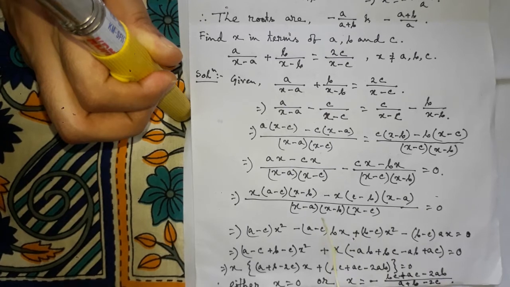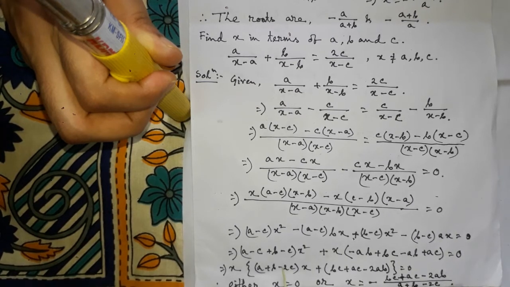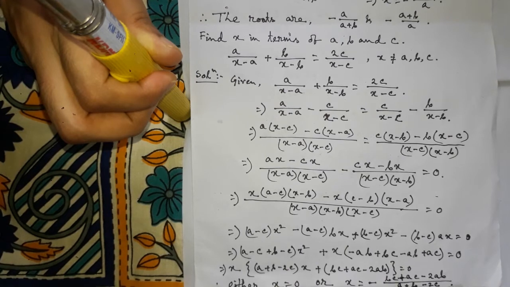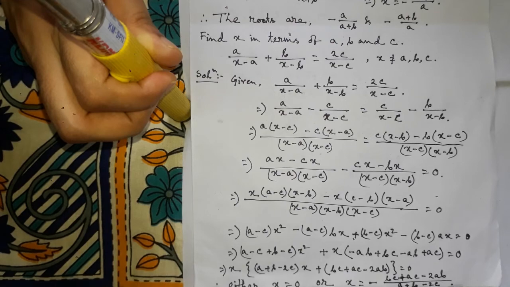Then multiply this denominator to the right hand side, that is with 0 into something, that is equal to 0. Then by factorization, you will get this expression. That means either x is equal to 0, or from the terms inside the bracket, that is x is equal to minus of bc plus ac minus 2ab by a plus b minus 2c.